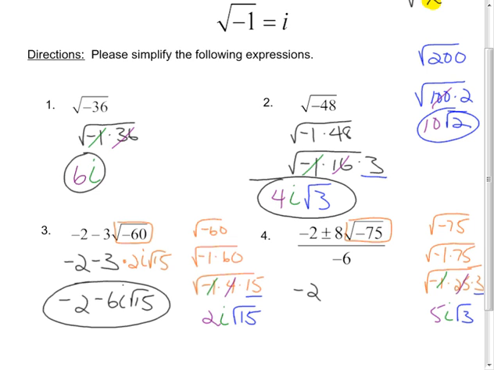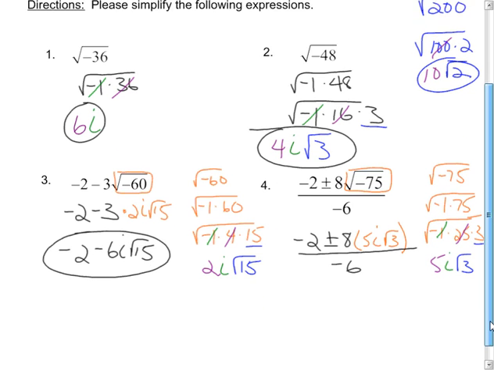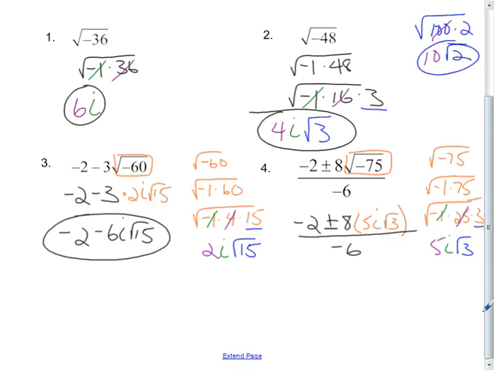When I do negative 2 plus or minus 8 times this, so I'm going to say 8 times 5i root 3, all divided by negative 6. And if I continue to simplify, I'll be able to do this multiplication. So negative 2 plus or minus 40i root 3, all divided by negative 6.